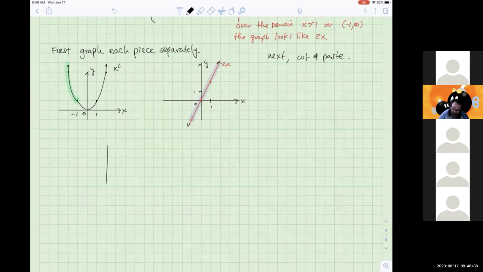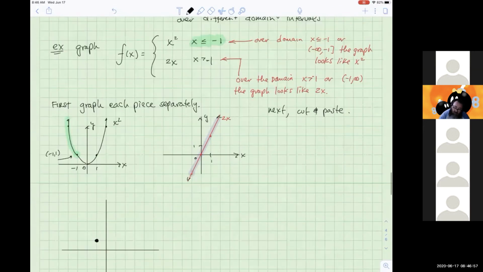The result of cutting and pasting this is, let's talk about these features. This is the point -1, 1. So we want to go to the point -1, 1. And we're going to have a solid dot there. Why are we going to have a solid dot there? Well, because this is where the equals sign is.